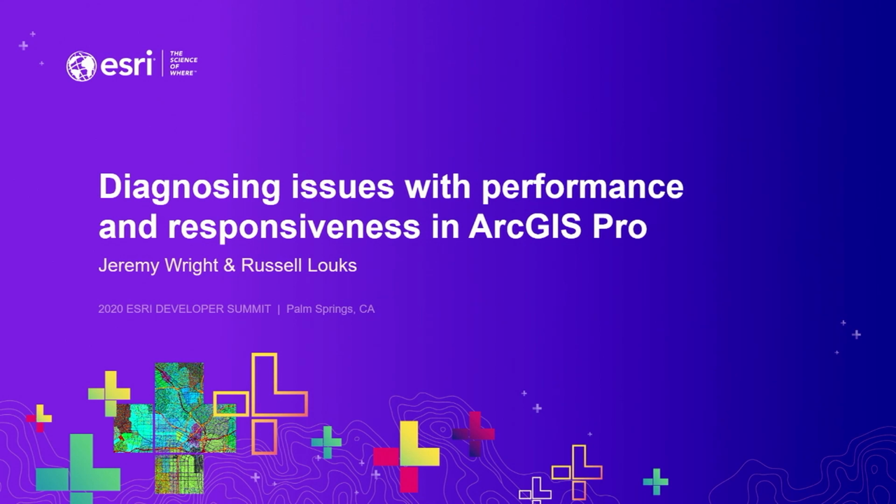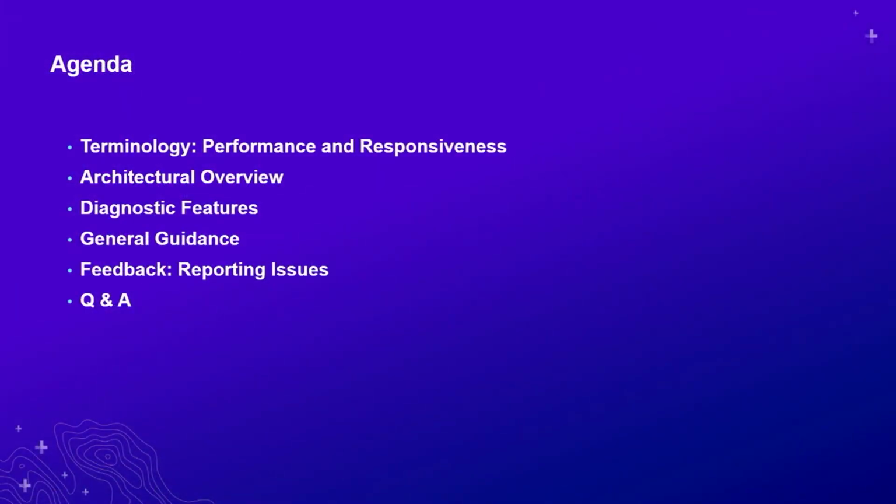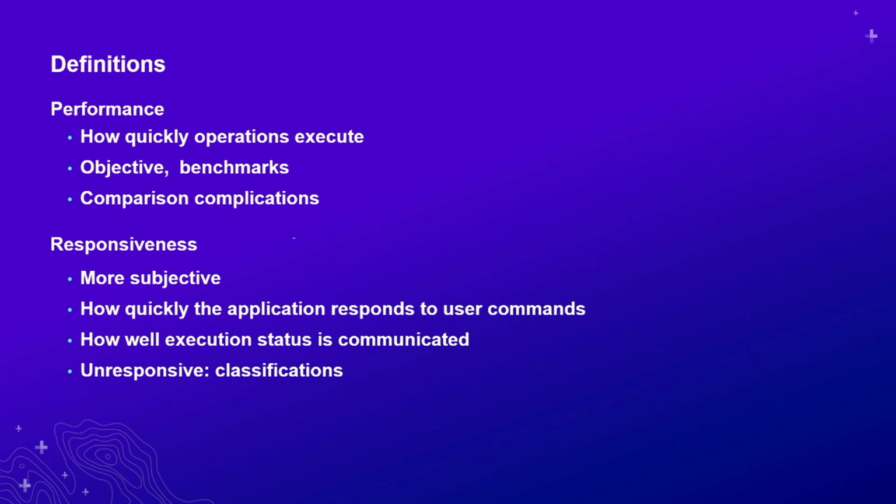Responsiveness is a little more subjective. We define it as how quickly the application responds to user commands and how well execution status is communicated. We further classify responsiveness problems as GUI hangs, where the graphical user interface thread is hung. You know that's happening because it won't paint correctly.